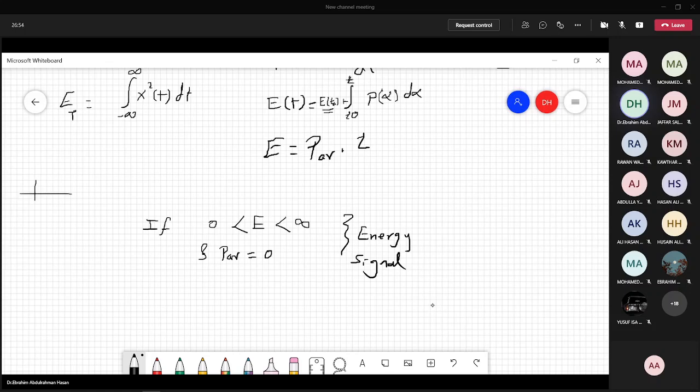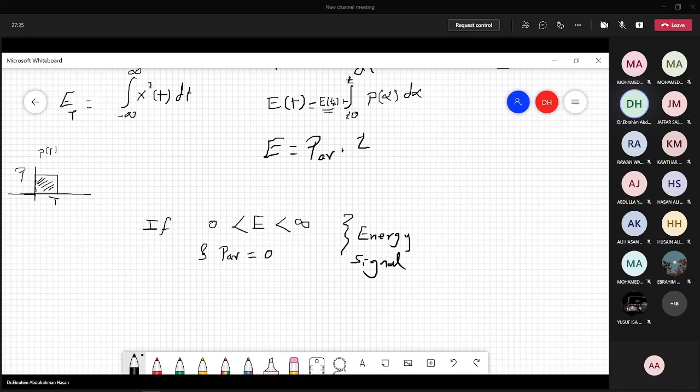Example: let me say that we have this one. If this is P of T, then energy equals the area under the curve, which is finite. The number here is equal to P multiplied by T. So energy is finite.